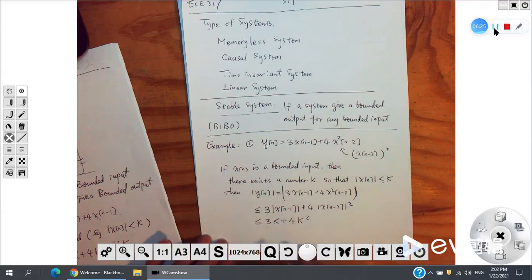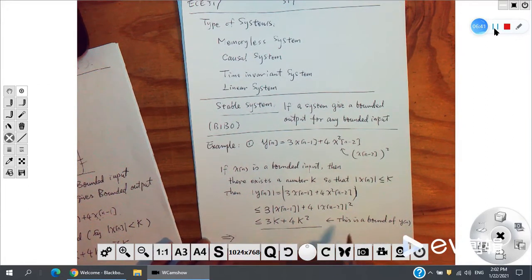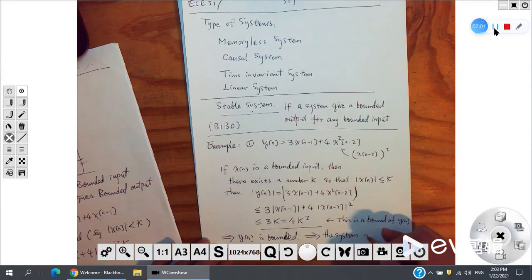Alright, we get a bound. This is a bound of y. So we found the bound. Since x of n is bounded, the system is stable.